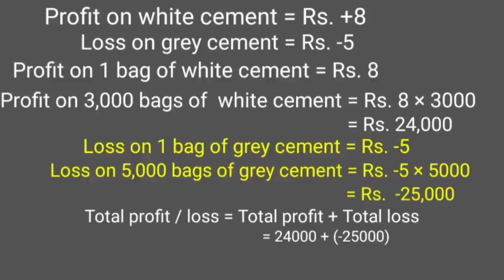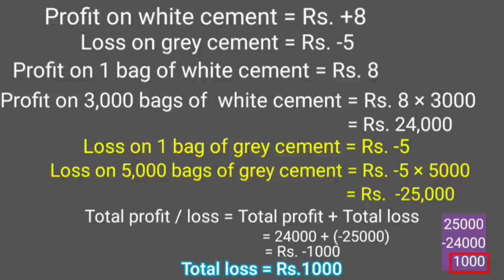Here both the numbers have different signs, unlike signs. So we can't add. So subtract the smaller absolute value from the greater absolute value. So 25,000 minus 24,000 is equal to 1,000. Write the sign of the number with the greater absolute value, that is minus 25,000. So the answer is minus 1,000. Here the company earned a loss.